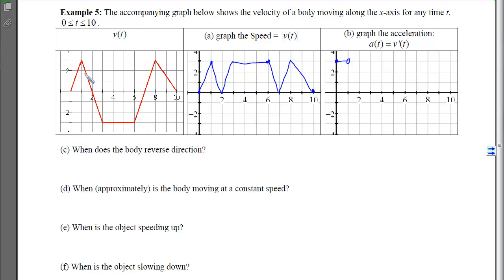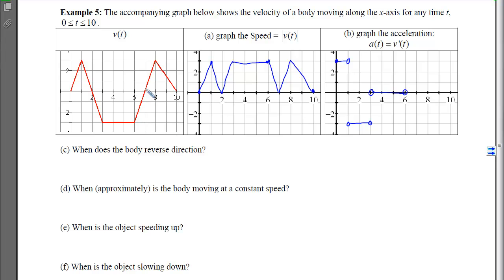Now my slope is -3 because I've gone down 3 and over 1. So again, I'm at a corner, and I get to stay at a slope of -3 until time 3. At time 3, now I flatten out, so my slope is 0. So that means I'm coasting and there is no push until 6.